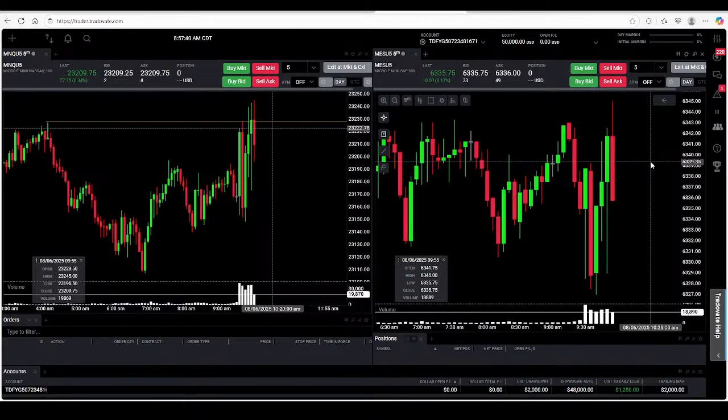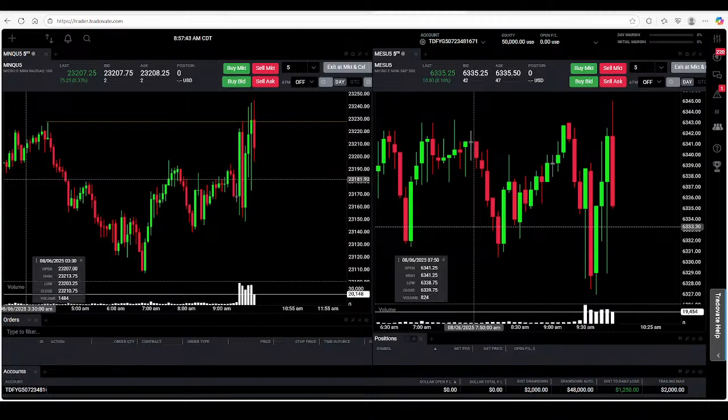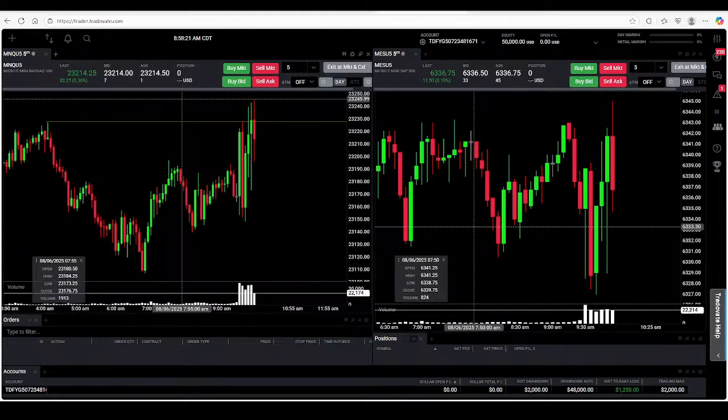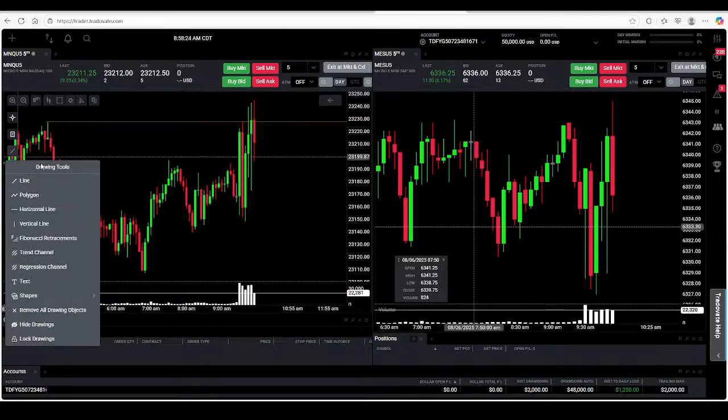Pretty choppy open so far this morning. Very choppy open.